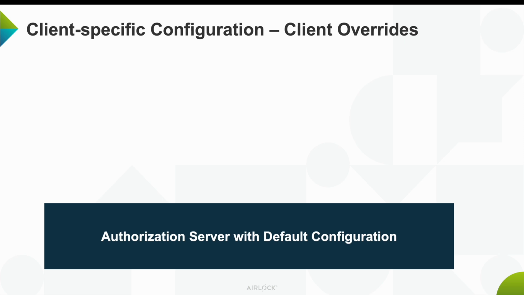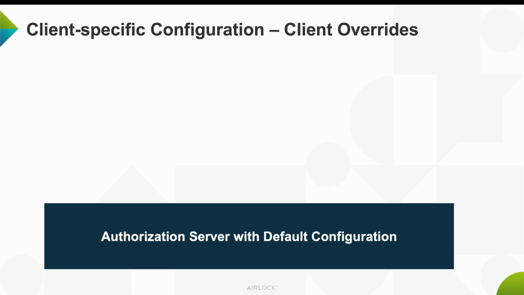Now, this is not a standards feature, but I still hope that this will help a lot of our customers because it's a convenience feature that should allow you to reduce the number of authorization servers if you have multiple configured. It's about client-specific configuration, so-called client overrides.